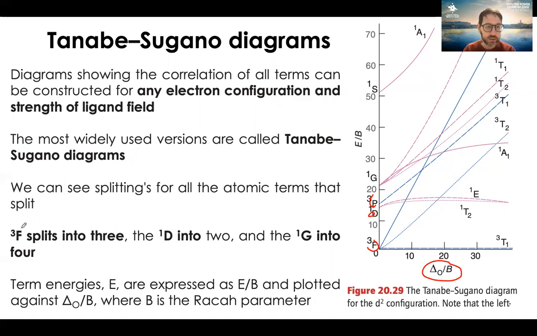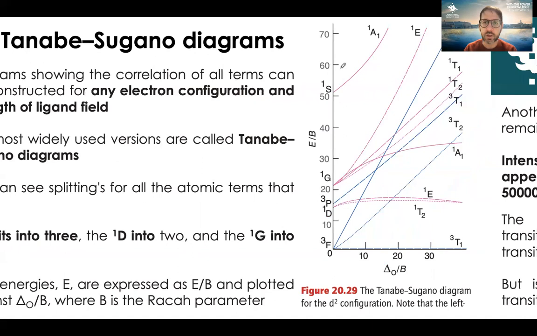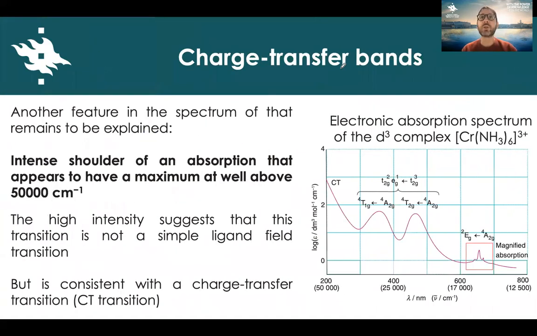So we can see that the triplet F splits into three terms, the D into 2, and the singlet G into 4. So the term energies, therefore, are expressed as a function of the field strength using these diagrams showing these correlations for various field strengths and various electron configurations.